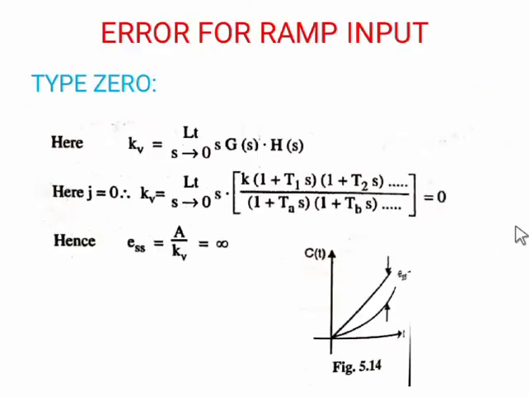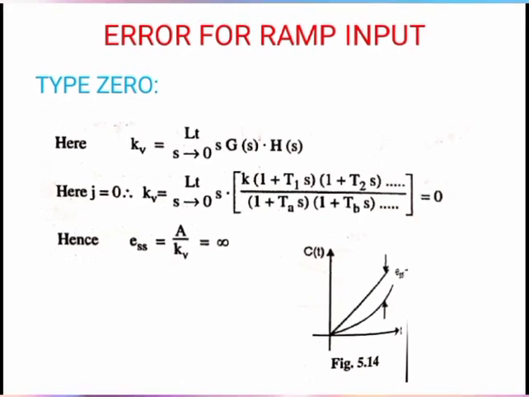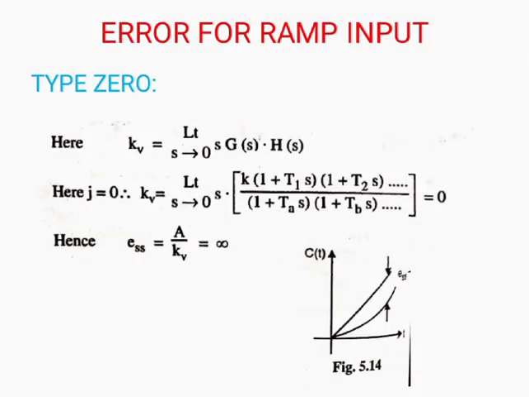Now error from the ramp input signal. We derived all the coefficients for the step input signal. Now we derive the velocity coefficient for the ramp input signal. First consider the type 0 system. That means Kv equal to limit s tends to 0 of s GsHs.